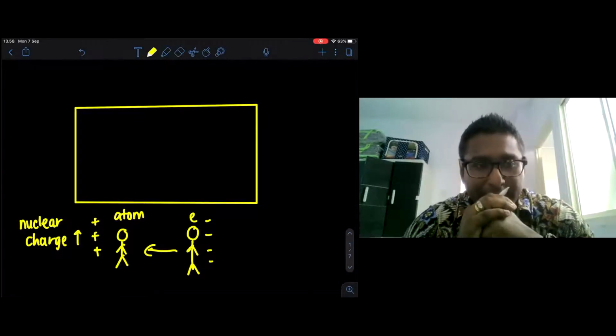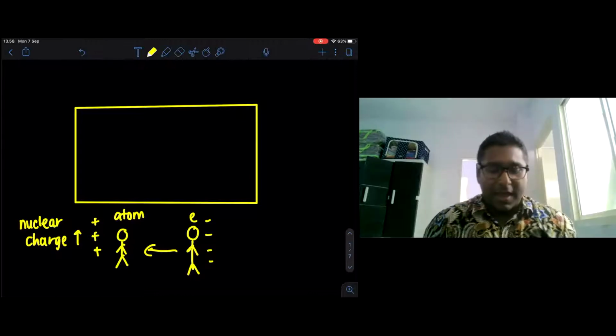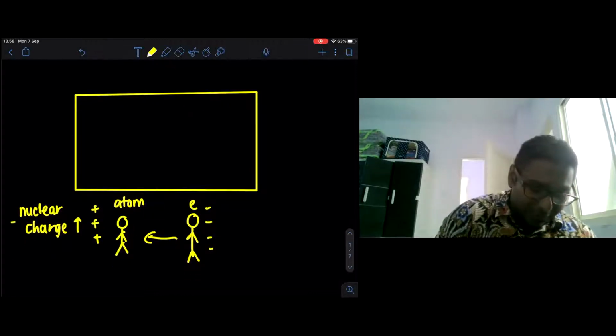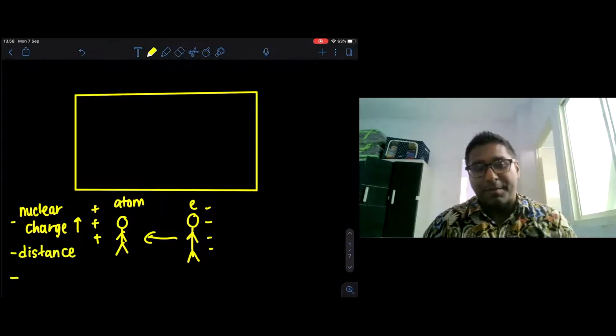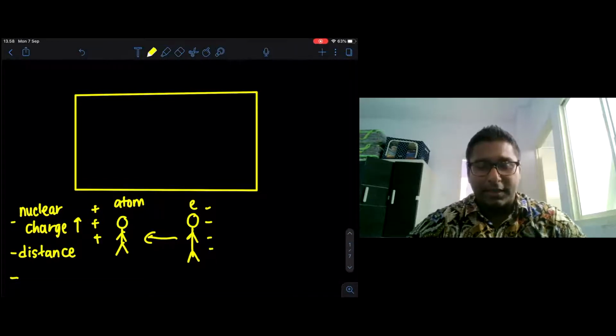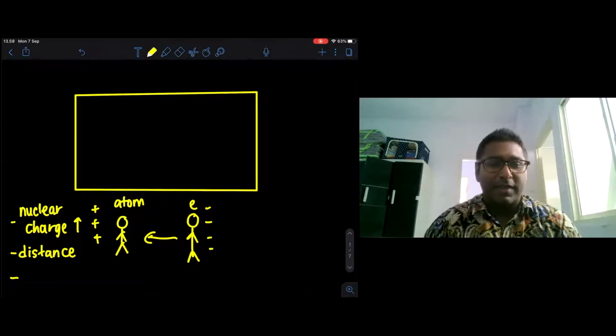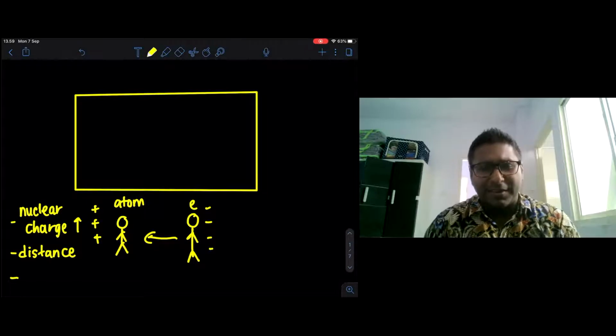Why relative? Because we have other factors that contribute to this. For example, distance from the nucleus, because do remember, protons are always in the middle, in the nucleus itself. If the electrons are further away, the distance or atomic radius is too big, of course the nuclear charge is not going to be very strong.